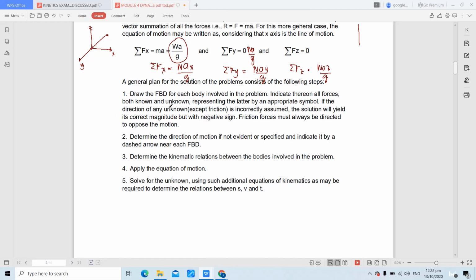Therefore, even if the value we get is negative, the magnitude is the same. The negative sign means we made a wrong assumption for the direction of the given body.